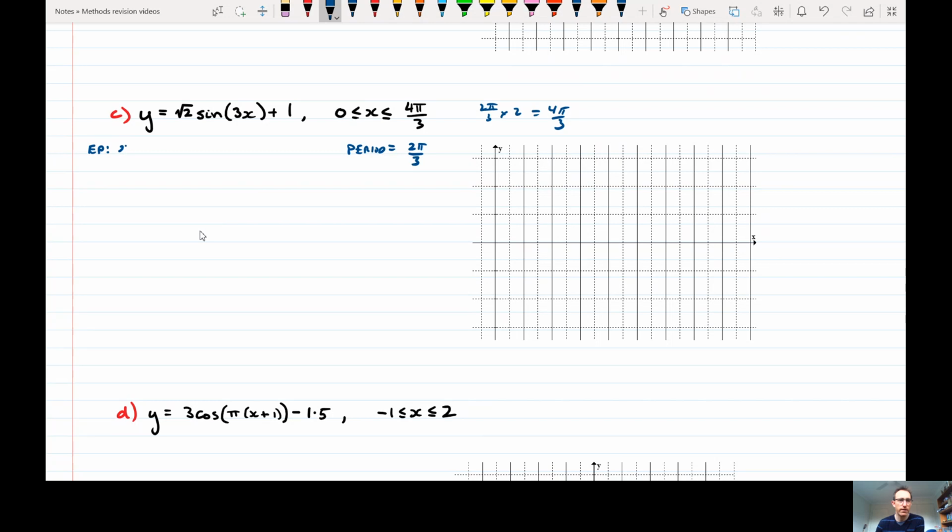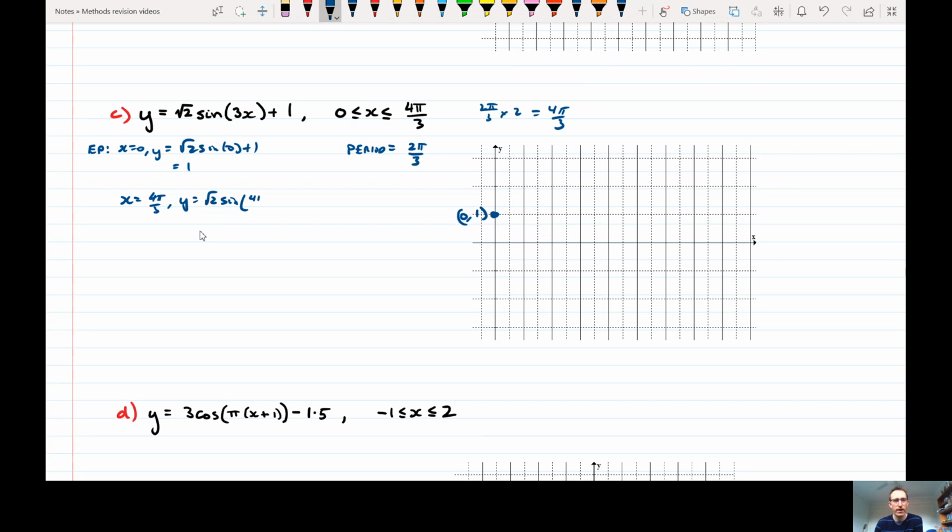So at x equals 0, you have y equals √2 sin(0) plus 1, which is just 1. So it's going to start there at 1. And we're going to have x is, the end is 4π/3. It's 2 full periods, so it should end up at 1 as well. So y equals √2 sine.